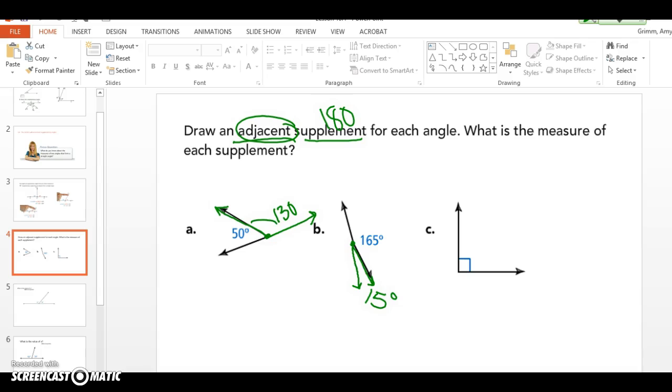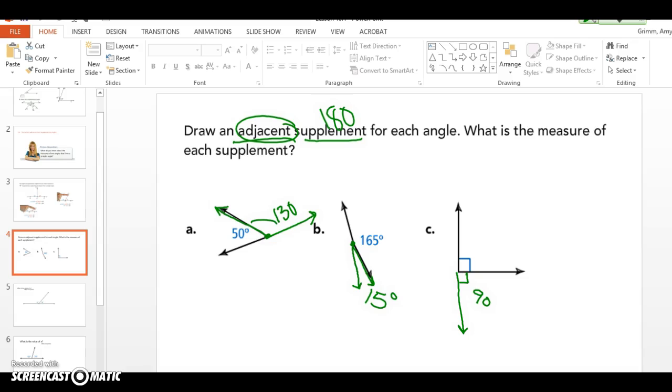All right, and then letter C, I could come off this way if I wanted. And then obviously this one would be 90. That's the easy one. So you could have come this way like that, or you could have come this way down. I saw a few of you do this one. That's okay too. Just like this other one, I can draw each one either side, and that's okay.